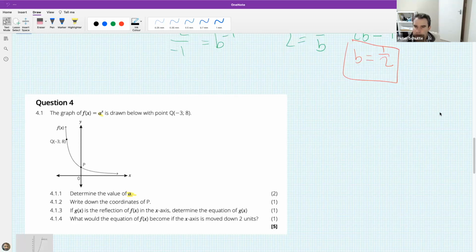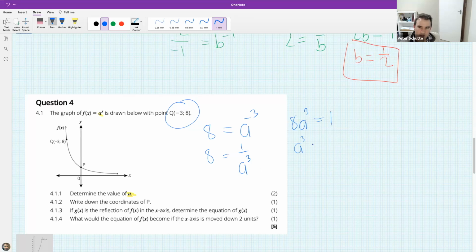Okay, Michaela and Andile got some answers. Let's see if I agree with you. So I know I need to sub this point in. So I get 8 is a to the -3. But that is a negative power, so I'm going to do that. It's messy having it as a fraction, so I'm going to bring it across and I get 8 times a to the 3 is 1.